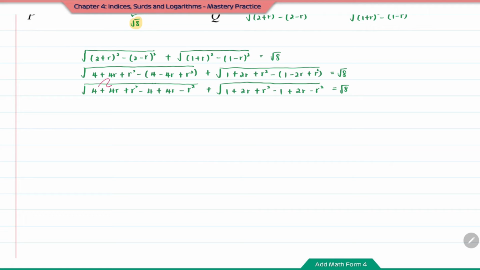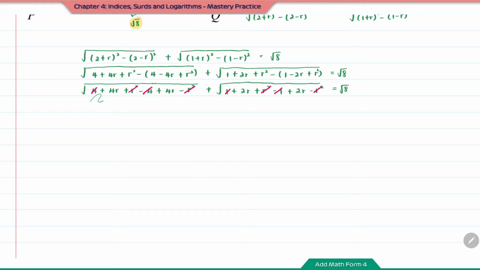So now this 4 minus 4 is equal to 0, and this r squared minus this r squared is equal to 0 as well. Here 1 minus 1 is equal to 0. Positive r squared minus r squared is equal to 0 as well.